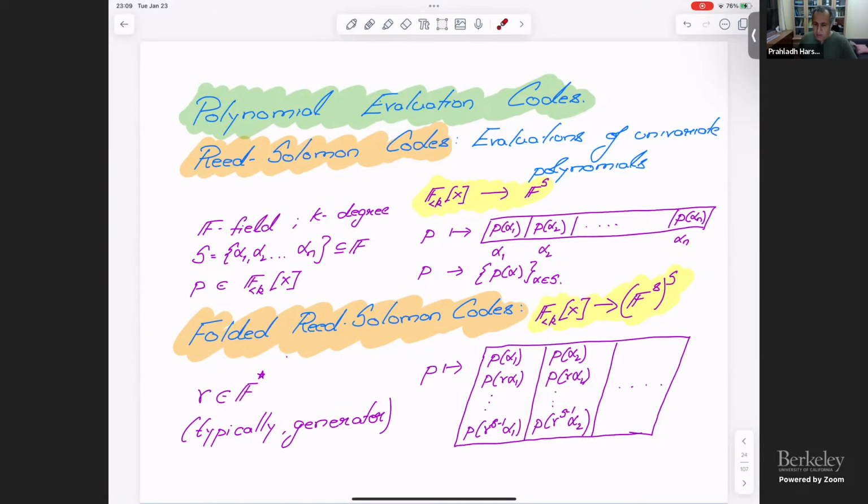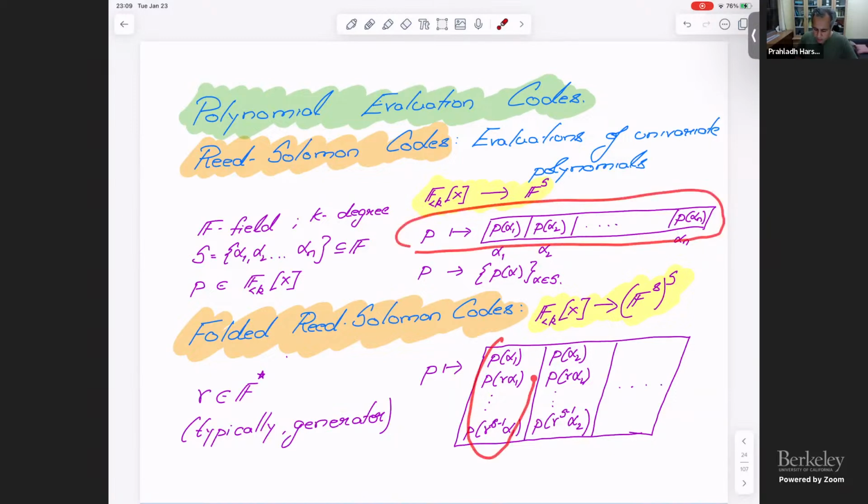You're going to take the Reed-Solomon codeword, which is just a bunch of evaluations, and bundle up certain evaluations. For example, we're going to bundle up P of alpha 1, P of gamma alpha 1, up to P of gamma to the s minus 1 alpha 1. We're going to bundle them together and give it as one symbol from the larger alphabet F to the s instead.